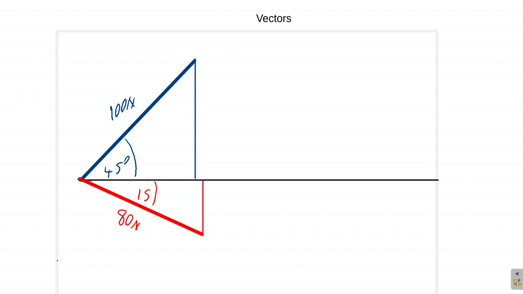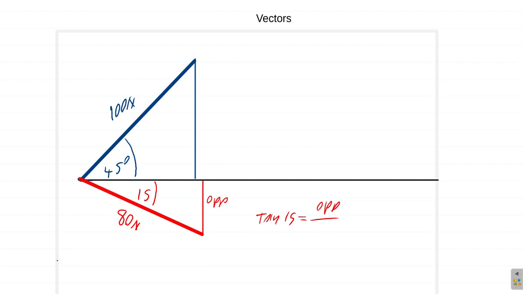This is the opposite to 15. Being that this side is the opposite to 15, and we want the adjacent, we say tan of 15 would be the opposite over the adjacent.